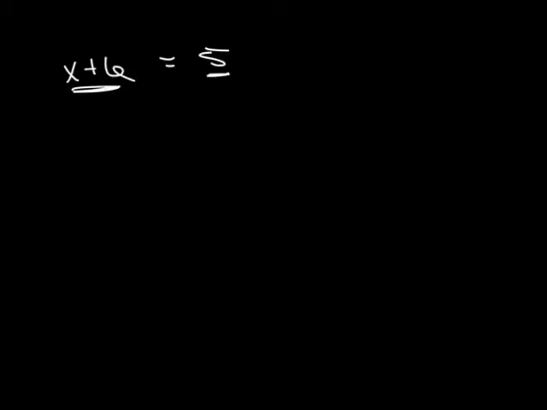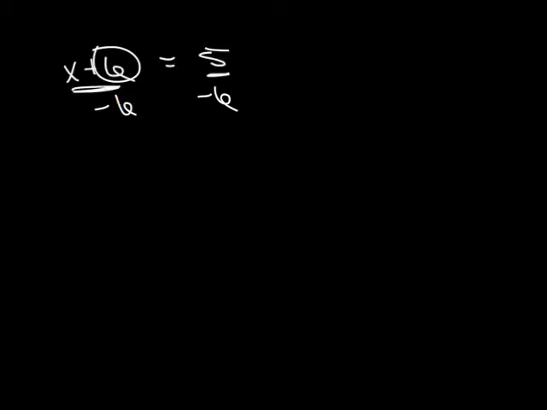If we have x plus 6 equals 5, in order to get the x by itself, to find out what it is, we have to get rid of everything else on that side of the equal sign, in this case 6. We do that by subtracting 6 from both sides. So remember, if a number is added to the variable, to get it to go away, we subtract it from both sides.